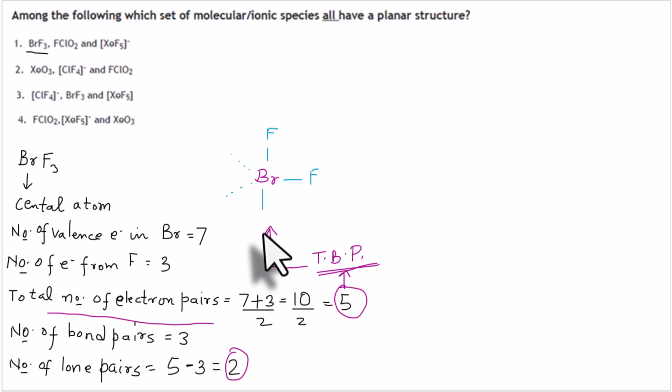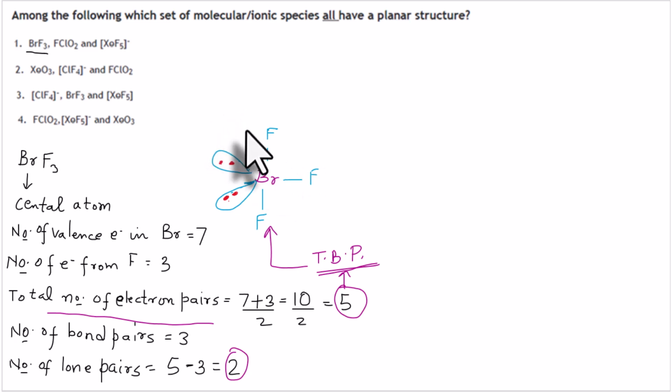We accommodate them like this, 2 axial and 1 equatorial, and we are saving these 2 equatorial positions for the lone pairs. We have already discussed in our previous videos why we keep these lone pairs in the equatorial position, just to avoid repulsion and to gain stability, because bond pair lone pair repulsion will be higher if we place them in the axial position. So this is how BrF3 looks like.